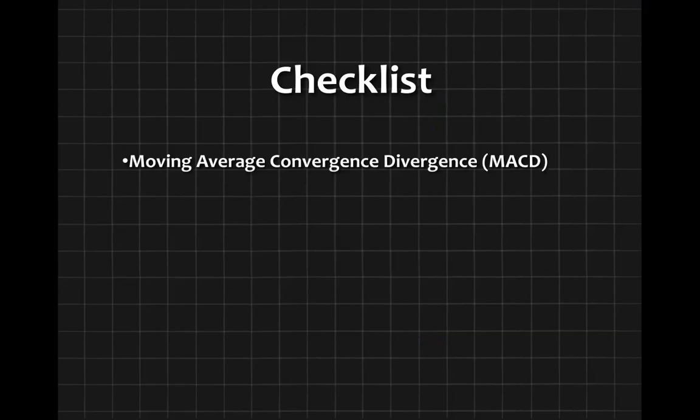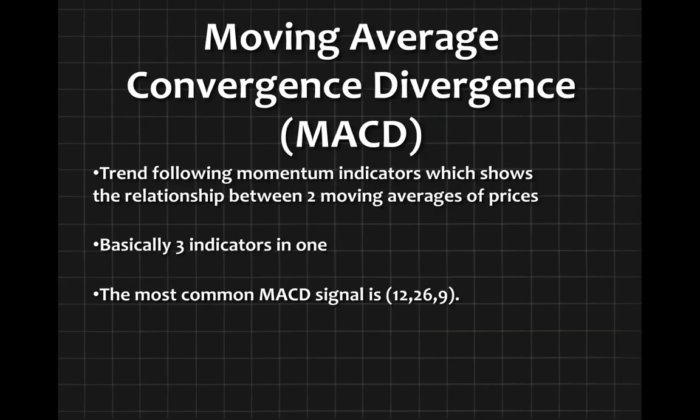Like I said before, we're going to be going over moving average convergence divergence, also known as MACD, or the MACD indicator. Now, MACD, what is this? Well, it's a trend following momentum indicator which shows a relationship between two moving averages of prices.